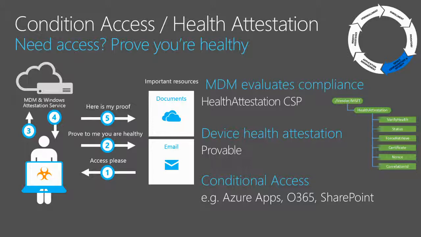So the MDM evaluates the compliance through the health attestation CSP, so the MDM can really interrogate the client if that is true. So the device health attestation is provable, so you can compare it with what is jailbroken on iOS devices, so that MDM can detect that something is wrong with the device. So here it's also in Windows 10 really provable through hardware attestation. And then when that is in place, you can configure conditional access to applications like, for example, Azure, Office 365, SharePoint, etc.